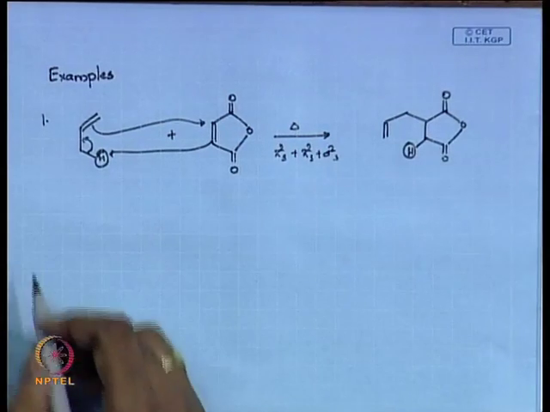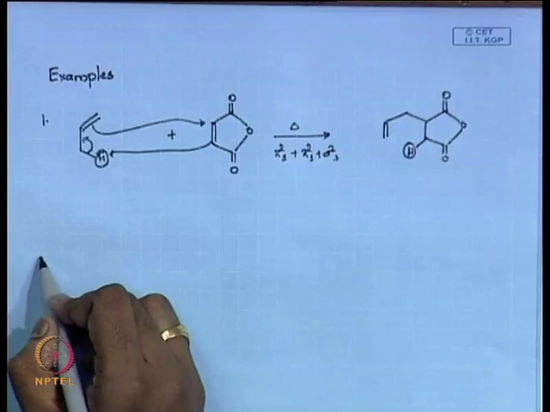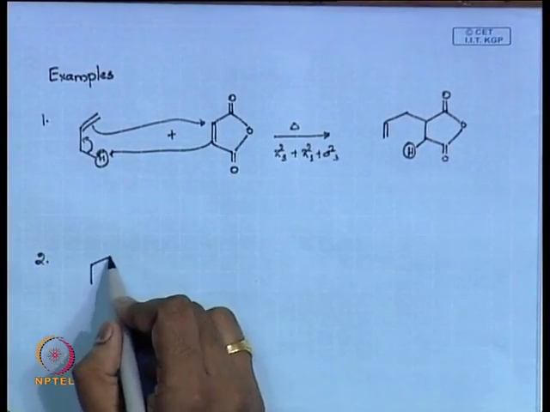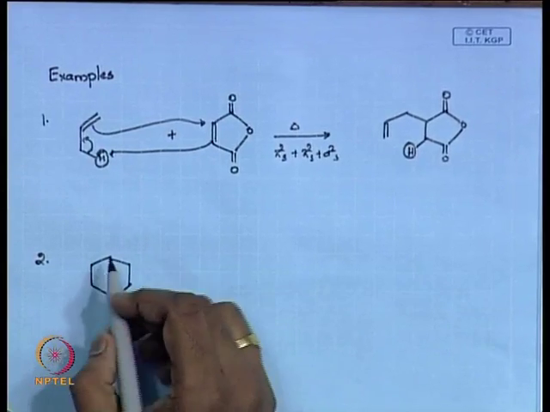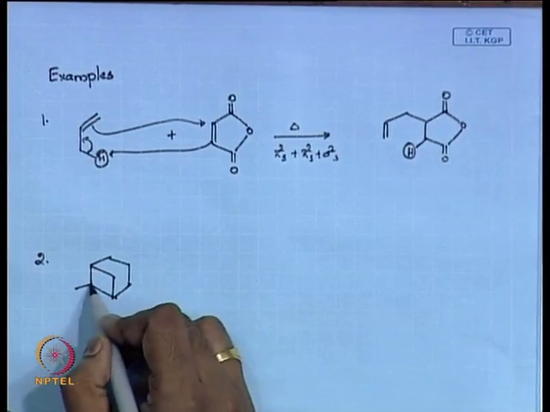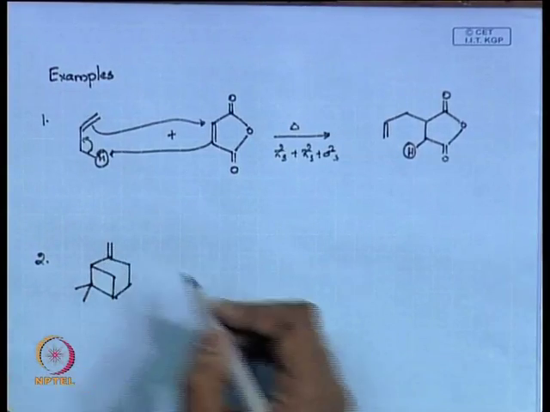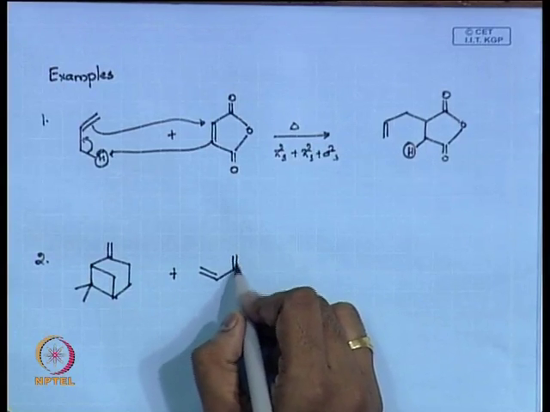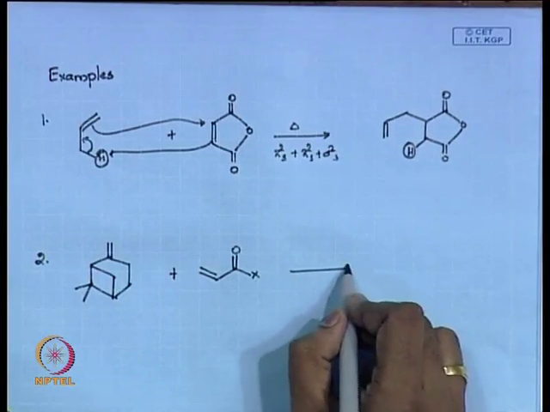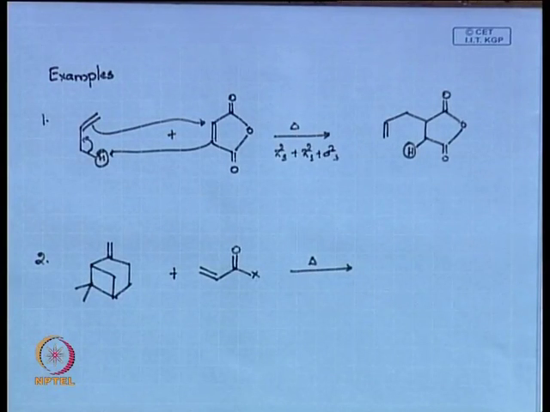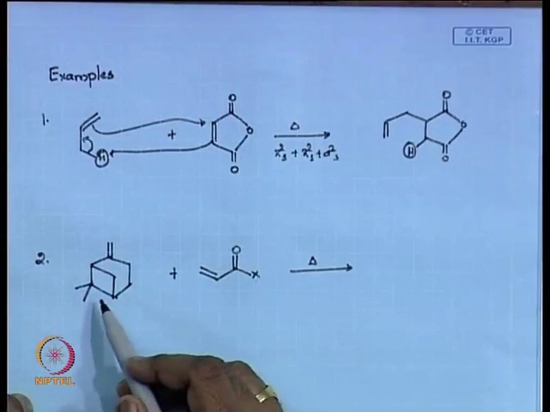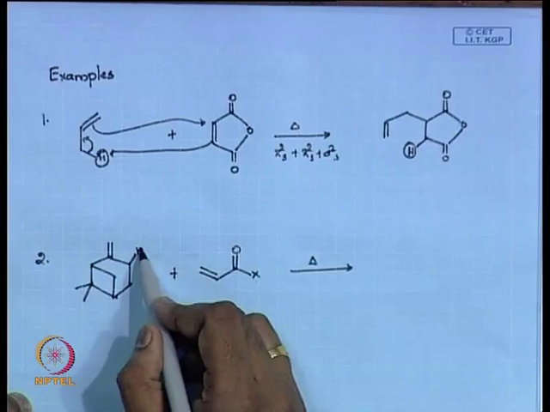Even your pinene system works with this. The pinene system is a very good example to work with your ene reaction. You can think about working with this type of beta pinene system. So, what hydrogen are you going to consider here? Your hydrogen should be allylic. So, you are going to talk about this hydrogen.